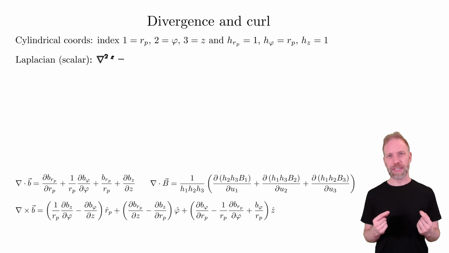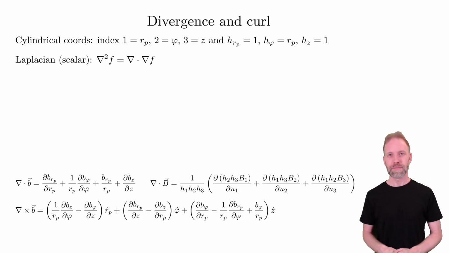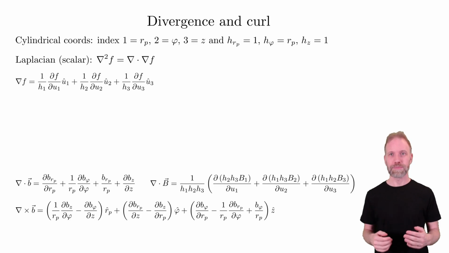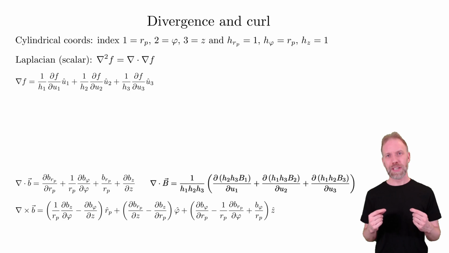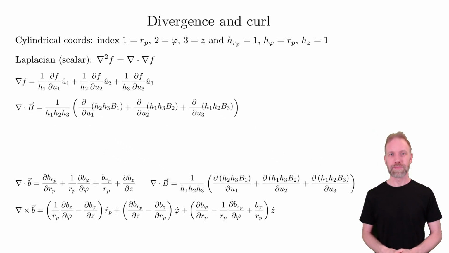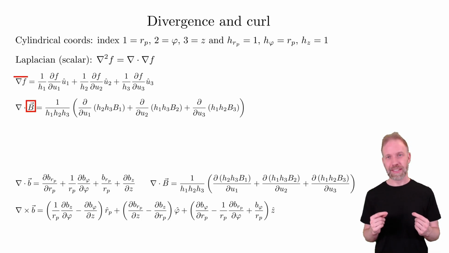Moving to our next operation, which is a scalar Laplacian. We do this for general orthogonal coordinates, first by recalling the expression for the gradient. Then we can use the general expression for the divergence, and we can insert the gradient as the vector b.